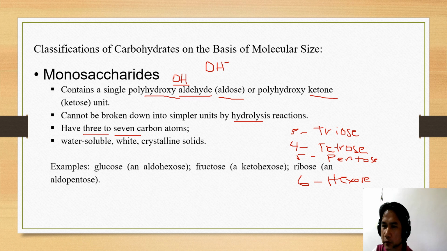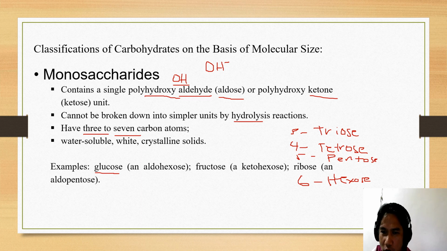That's why the glucose, which is the main sugar, the main source of energy of our cell, is soluble in our body. Okay, so glucose, as I said, it's the main sugar that is needed by our cell.